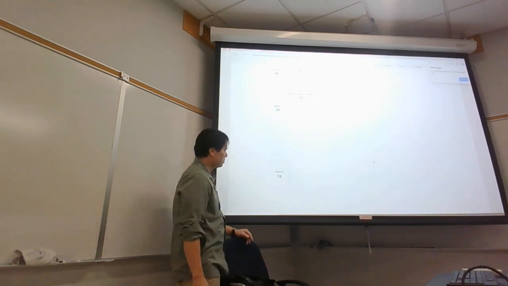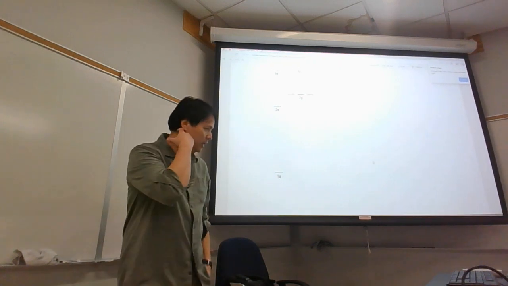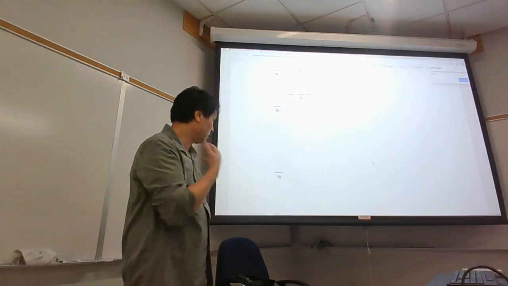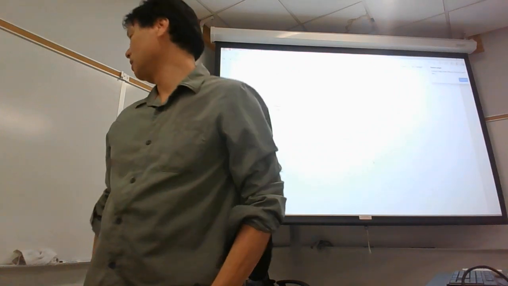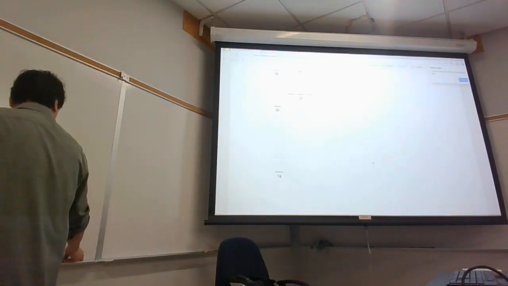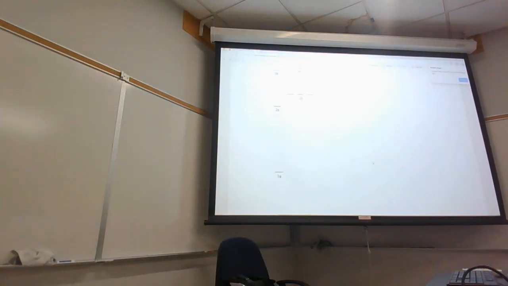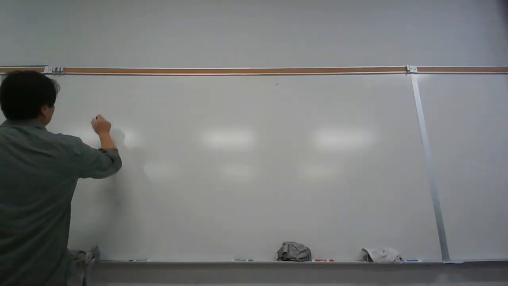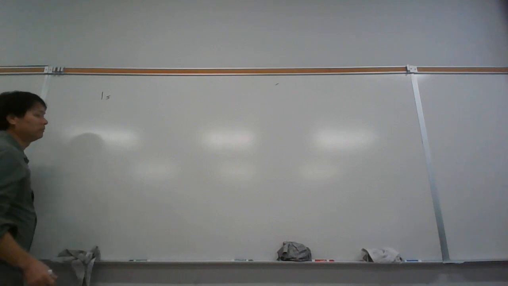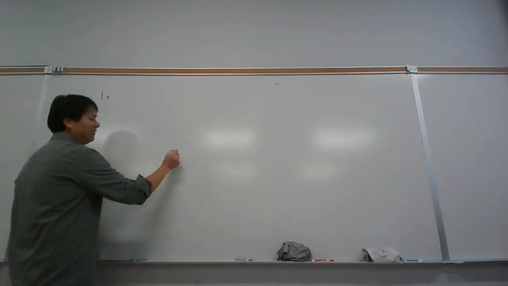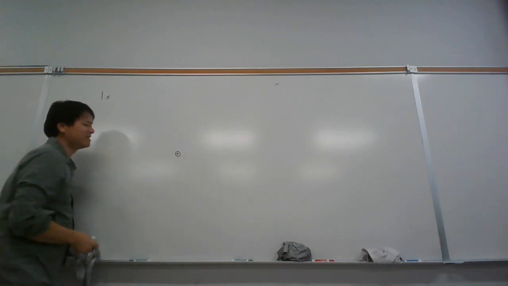Okay, when we have a 1s orbital, it is the lowest energy, but what's going on with the electron in the 1s orbital? Well, you have to know, if we have an electron in a 1s orbital, where is it?